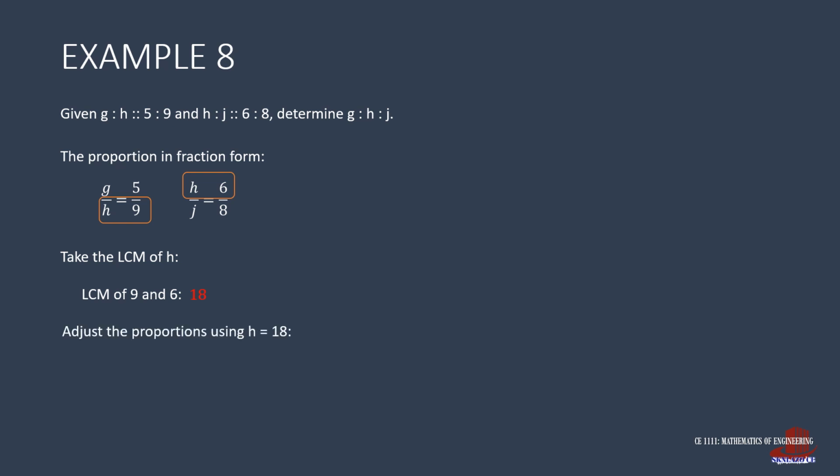So first, g over h, originally 5 is to 9, is equivalent to g over 18. It is clearly seen that 9 is multiplied by 2 to make 18. So the same multiplier is required for the numerator, giving g as 5 times 2, or 10.